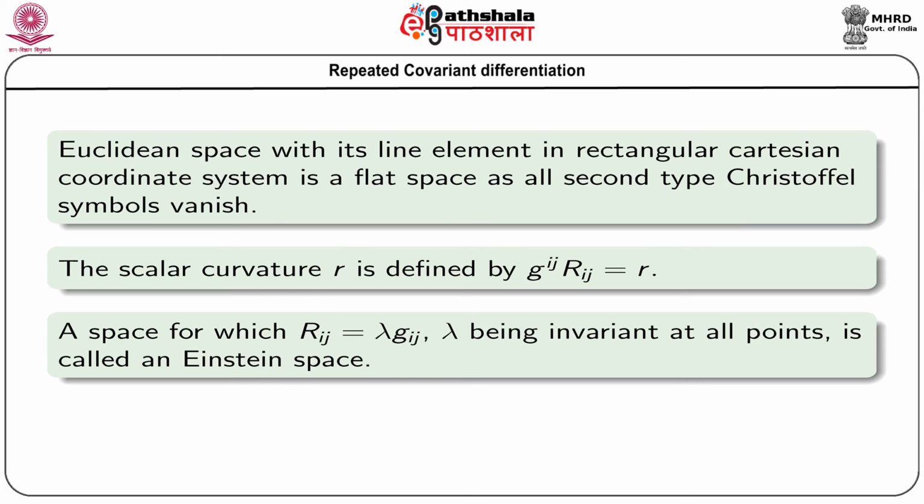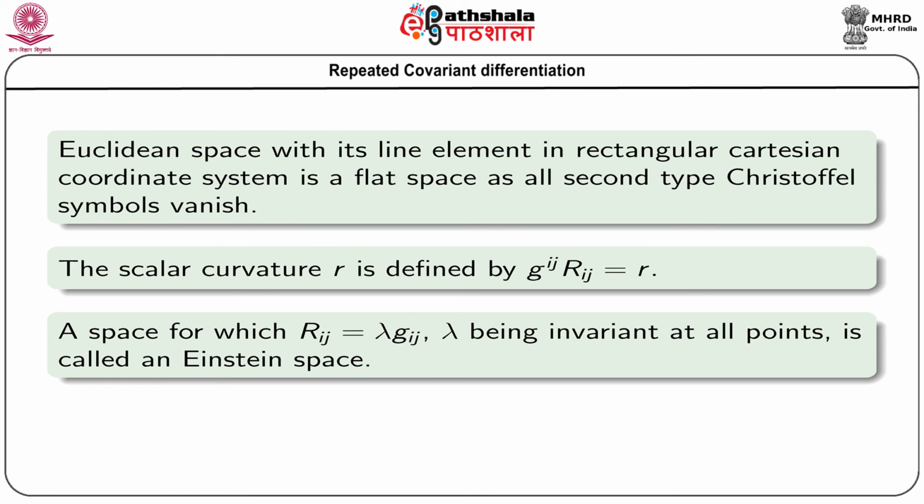Now, a space for which the Ricci tensor, this R_ij is known as the Ricci tensor, is equal to lambda g_ij, lambda being invariant at all points, is called an Einstein space.